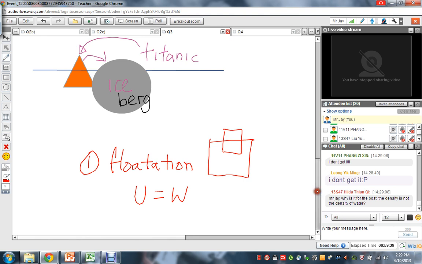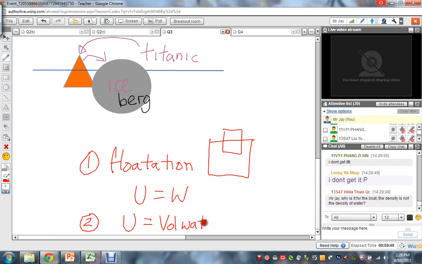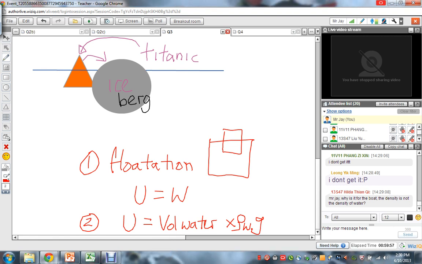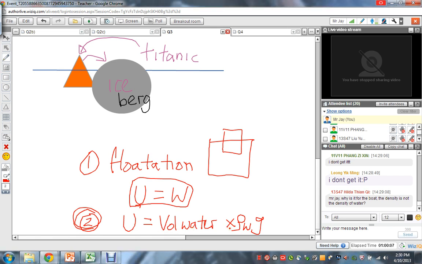The other is the normal case of upthrust equals volume of water displaced times density of water times G. So these are two possible equations for upthrust. One is equal to weight if it's floating. This is only true for objects that float. The other is upthrust equals the weight of water displaced. This is always true. This one is a special case.